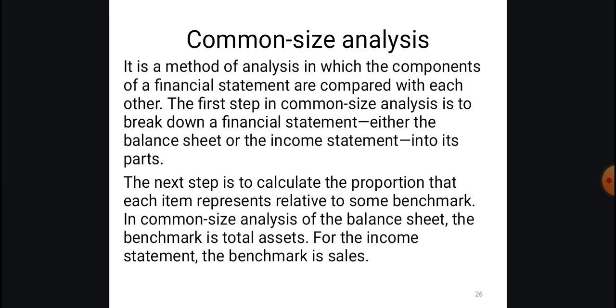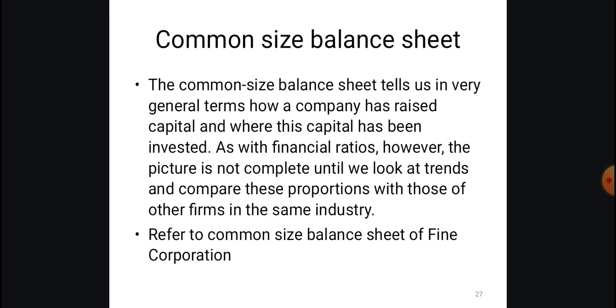So in the financial statement, we have two major statements, the balance sheet and the income statement. So accordingly, we can have common size balance sheet, and as you may know, balance sheet consists of assets, liabilities, and owners or shareholders equity.